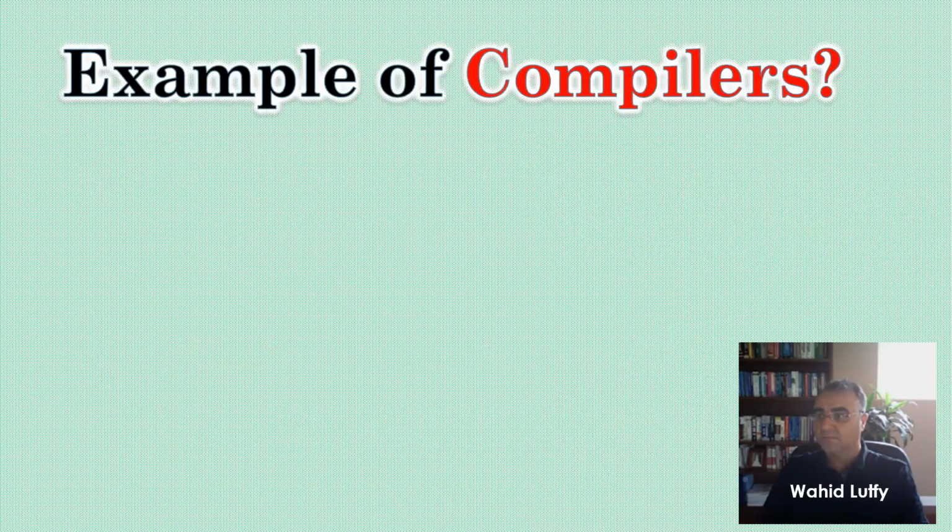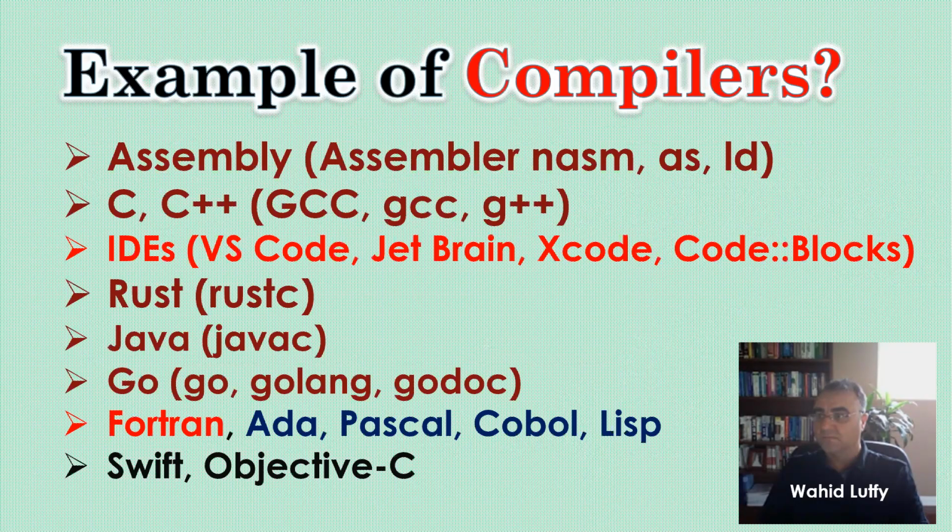Now, examples of compilers: there are many examples, and I'm listing some of them here. Assembly language or assembler, NASM is one of them for the compiler. AS is for the assembler itself, and LD is for the loader or linker, with which you could link your object files. C++ also generates object files, and files like a.out, or in Windows .exe for executable.